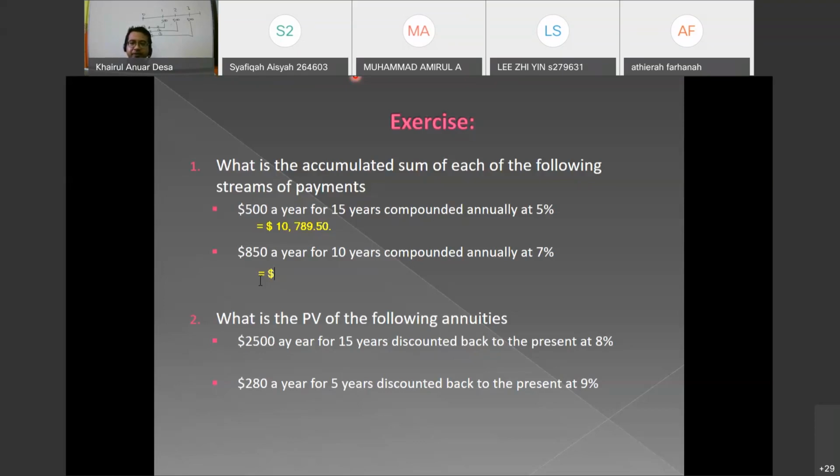Okay, Santin, 11,743.60. So beware, Suela, next time, please be careful with the decimal point. All right? Tak apa, learn from the mistake. 743.60.